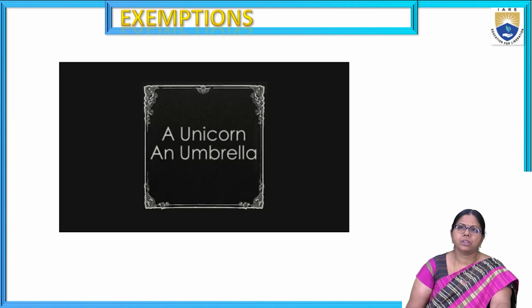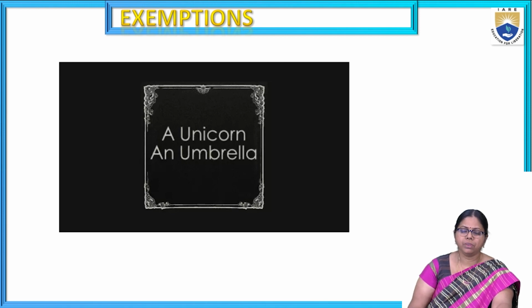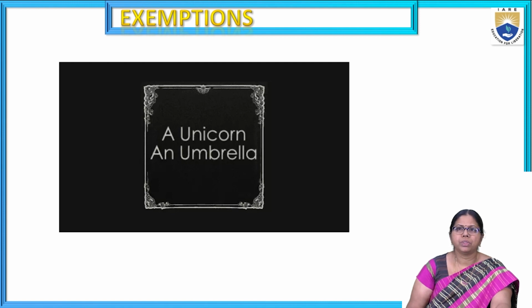And exceptions. You can observe in this picture a unicorn, an umbrella. As we discussed, we use A with nouns which start with a consonant sound, and an with words which start with a vowel sound. So here, a unicorn. U is a vowel and we used A. Whether it is correct or not, we are going to discuss in the next slide.